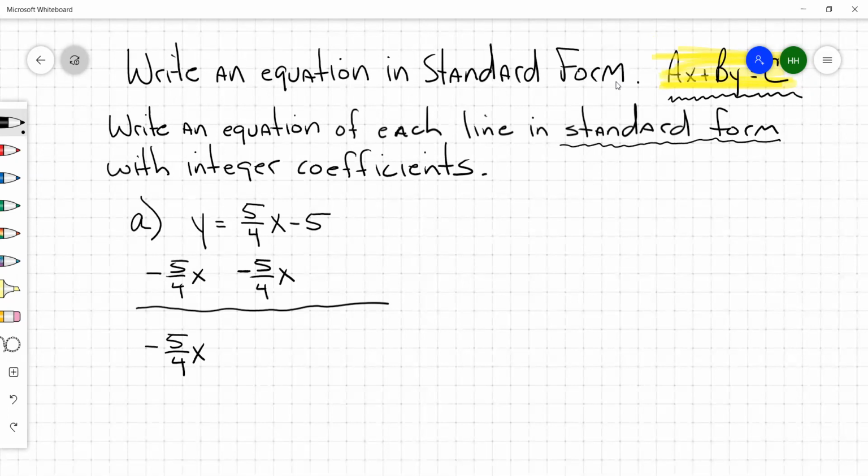So that's a positive y, but when it's by itself, you don't write the positive sign in front of it. But when it's after a negative 5/4 x, you have to write positive y. And then your equal sign. And then you drop down what's left on the right-hand side, which is negative 5.